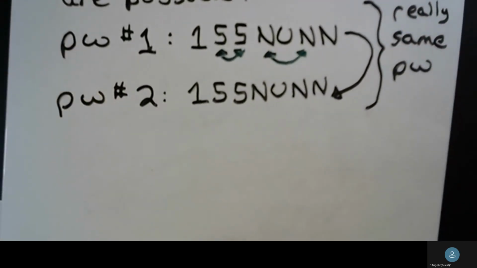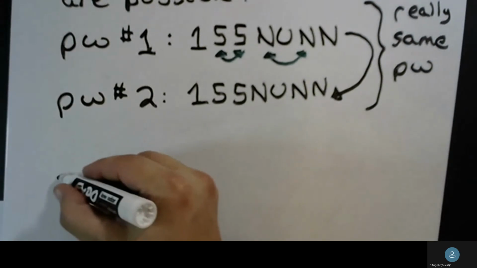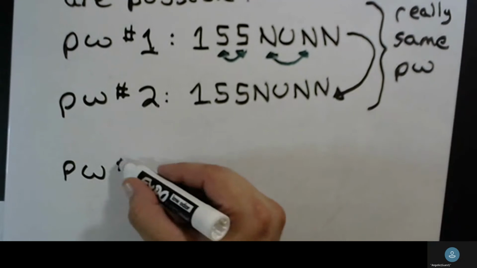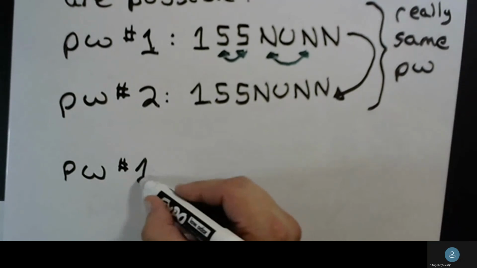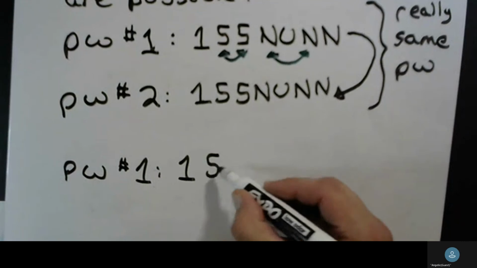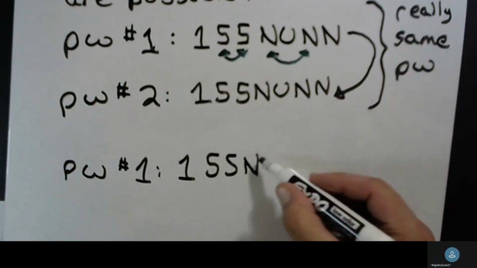But then again, let's say we do this. We start out with our 155NUNN.